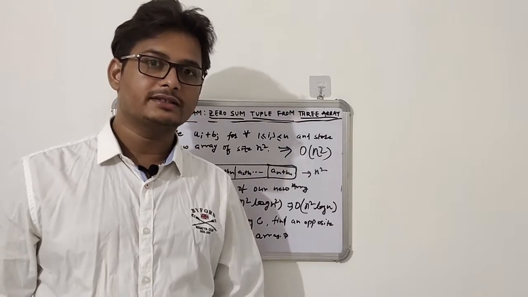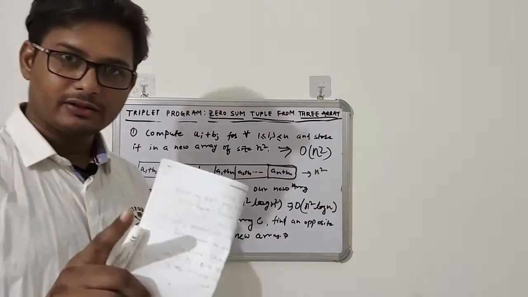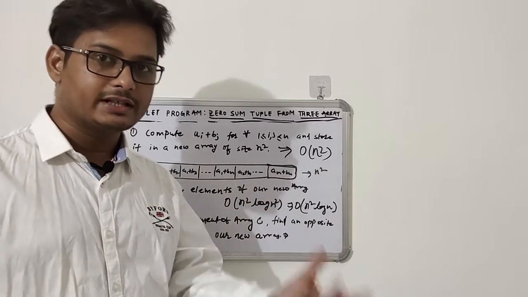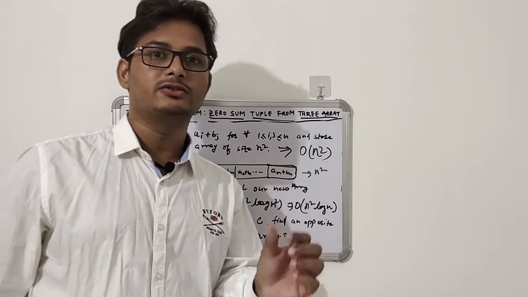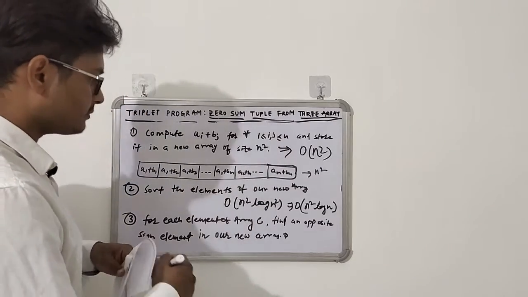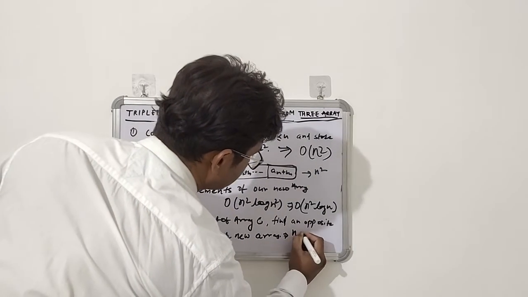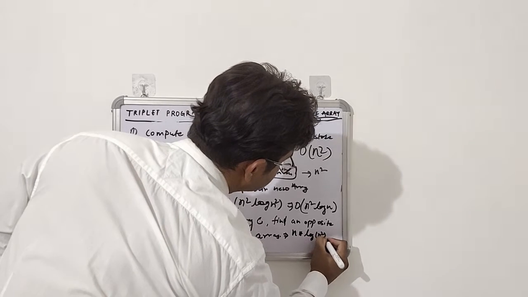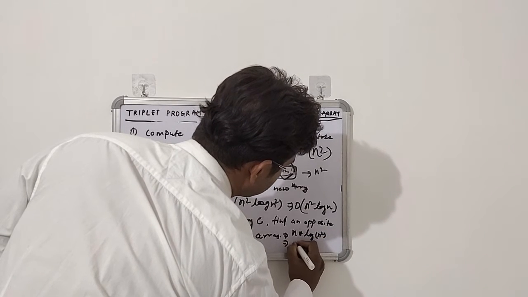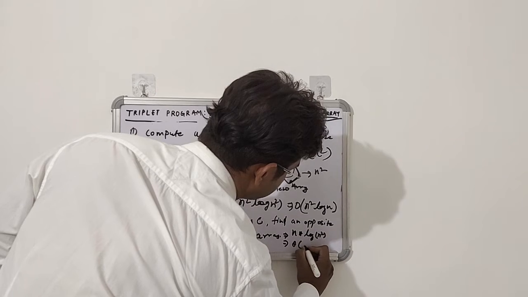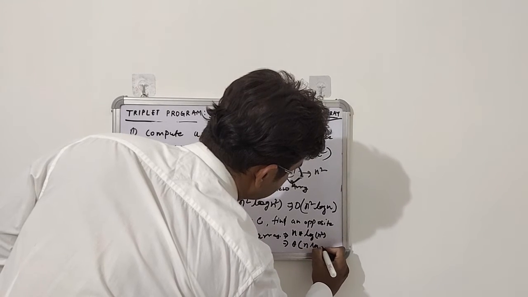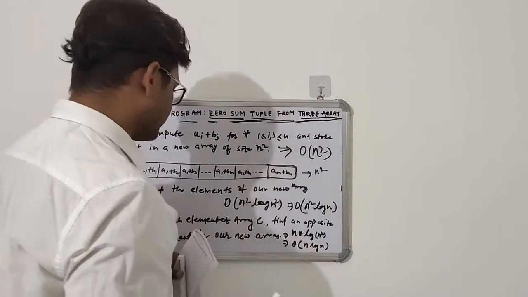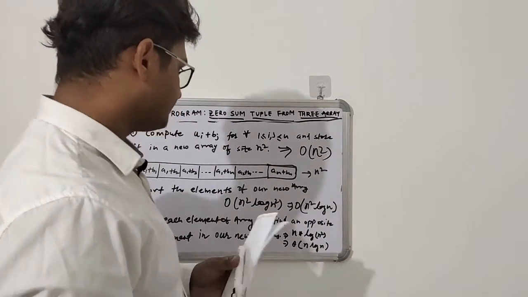In the worst case, for one element of C it will take log of n square, then for n elements, n into log of n square. What will be the overall time? The order of this will be n log n, right? Our third step is going to take n log n time.